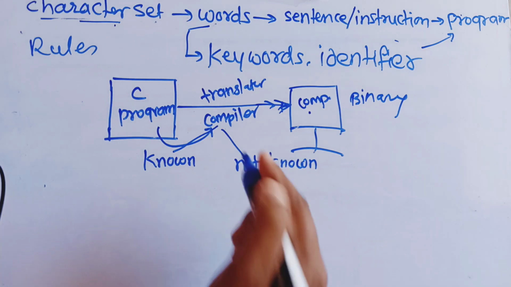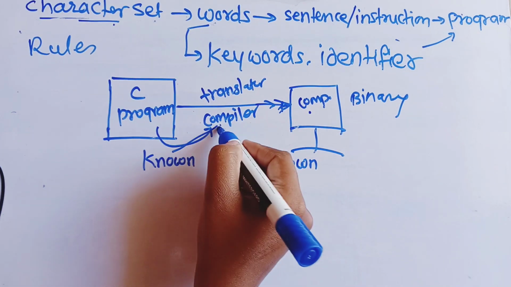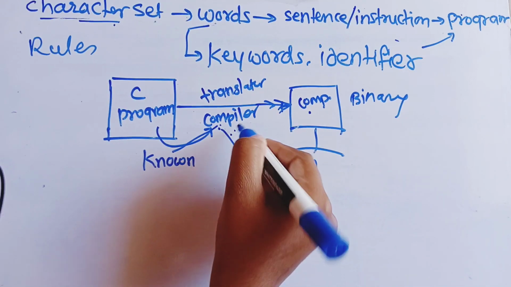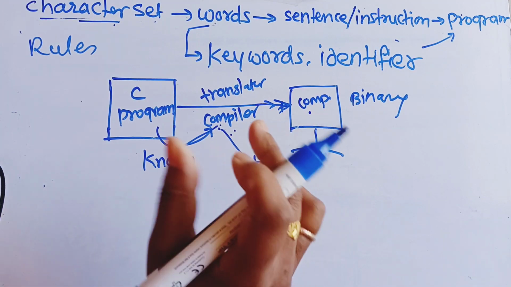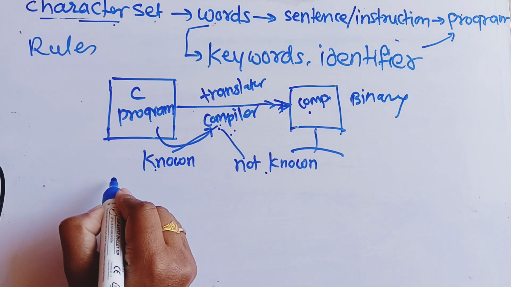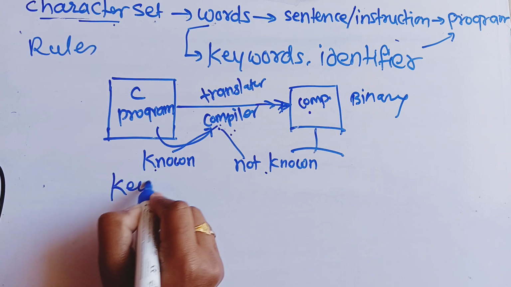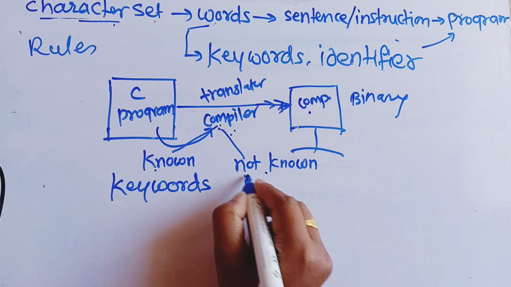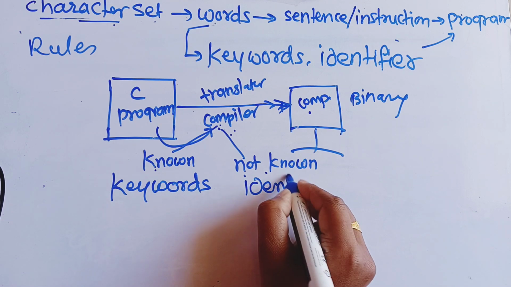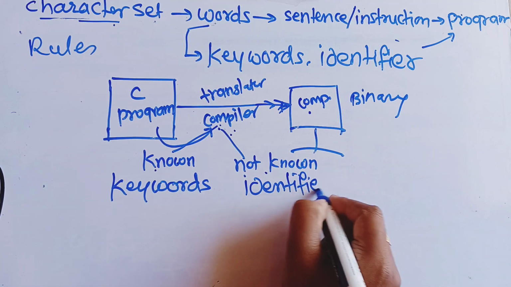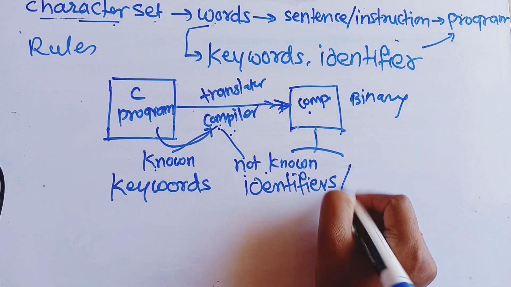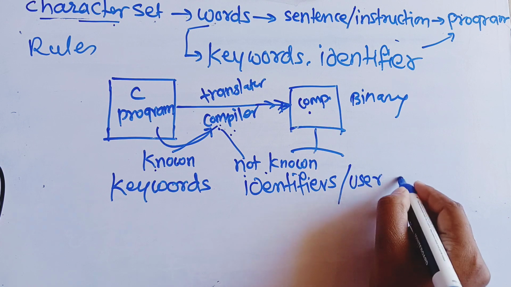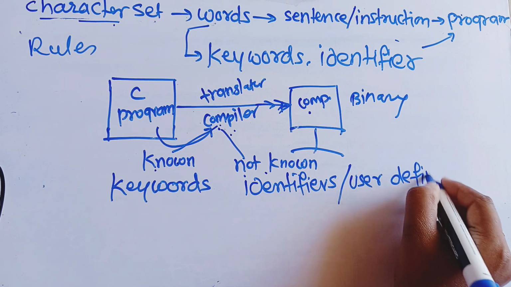So now you understood there are a few words which are known to the compiler, and a few words which are not known. It is our duty to inform the compiler. So in C programming, those words which are known to the compiler are called keywords, and those words which are not known, we are going to define. Those words are called identifiers, or user defined words.